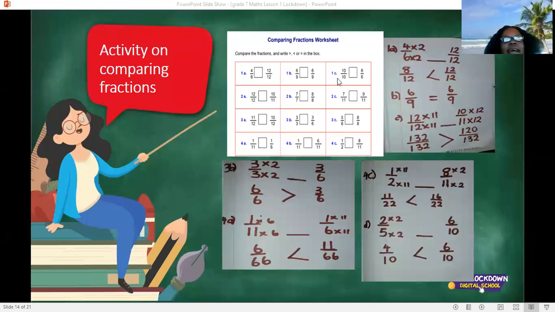So 10/11 is less than 11/11, which is a whole number. So then the biggest one is 12/12, and then your sign is going to face 12/12.